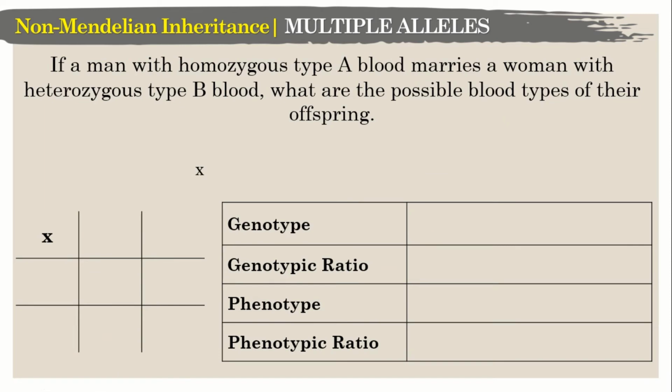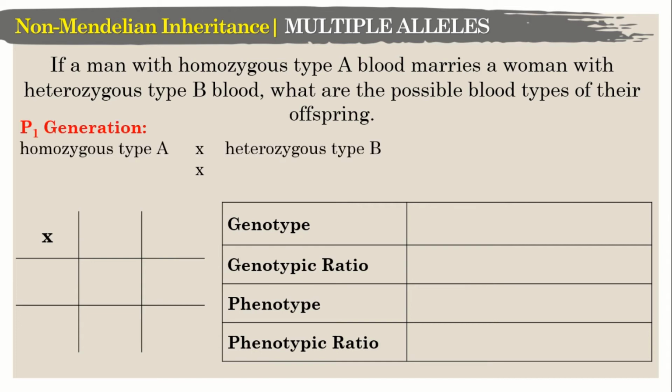If a man with a homozygous blood type A marries a woman with heterozygous blood type B, what are the possible blood types of their offspring? Homozygous type A, so both are A, so we have I^A I^A.